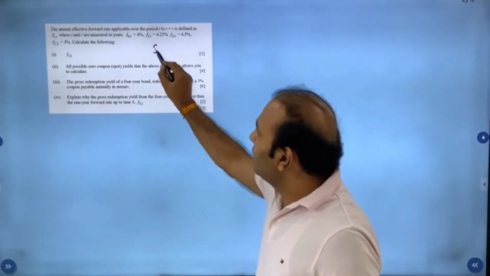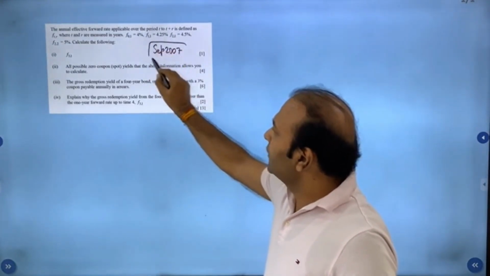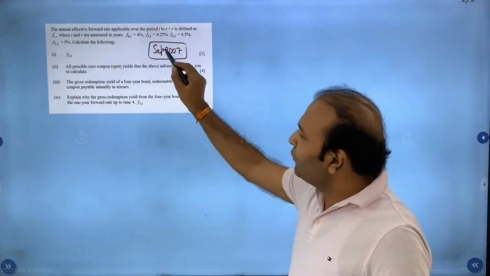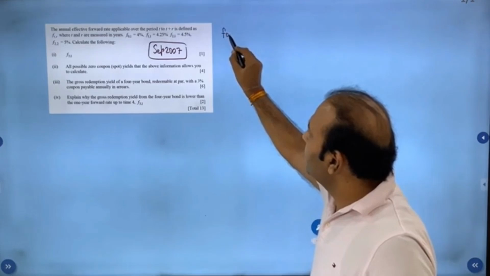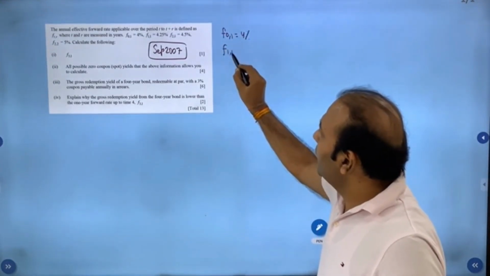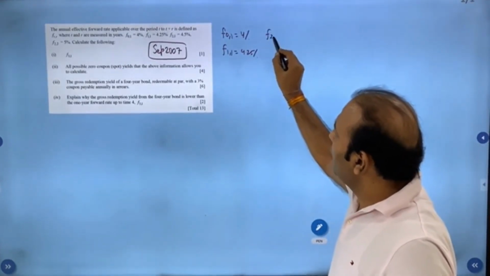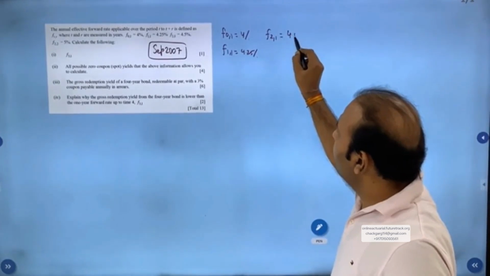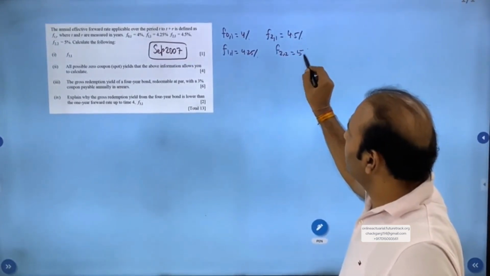This is September 2007 IFOA question. Now what does this say? We have been given the forward rate f01 as 4%, f1 comma 1 as 4.25%, f2 comma 1 as 4.5%, and f2 comma 2 is 5%.